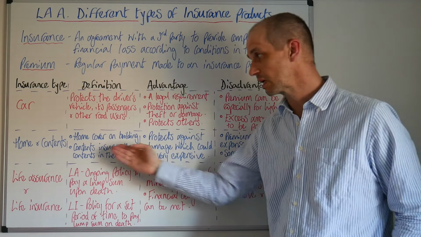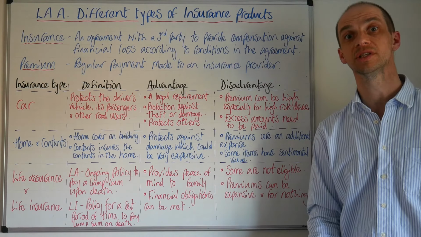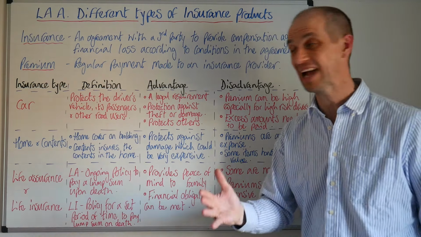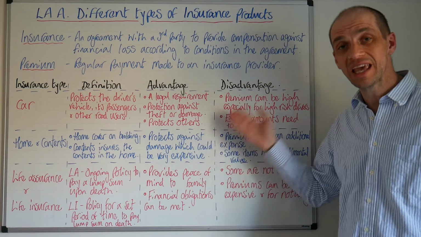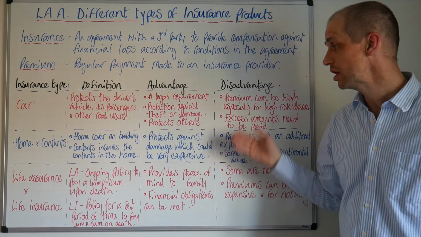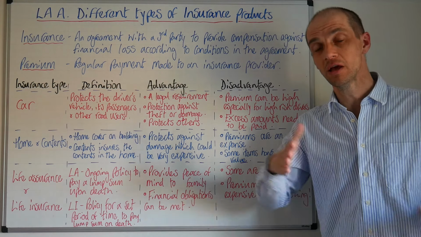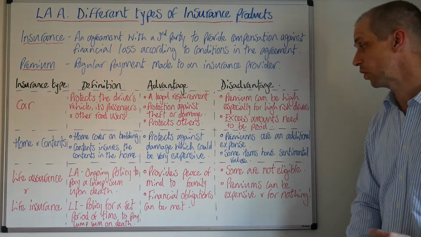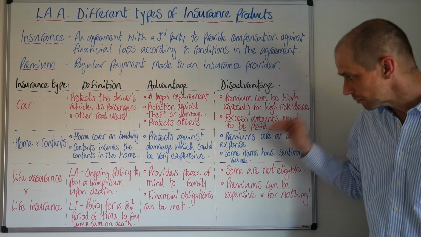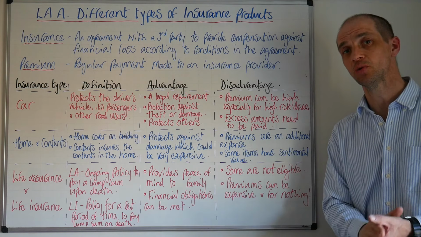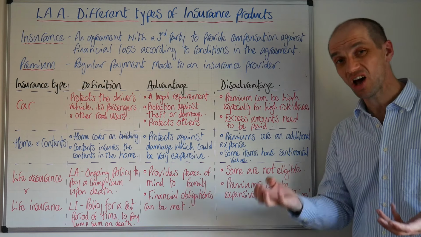You need to be clear on that, and of course contents insurance is about the contents of that house. So this again helps protect against damage, which could, certainly in the case of a physical building, be massively expensive otherwise.